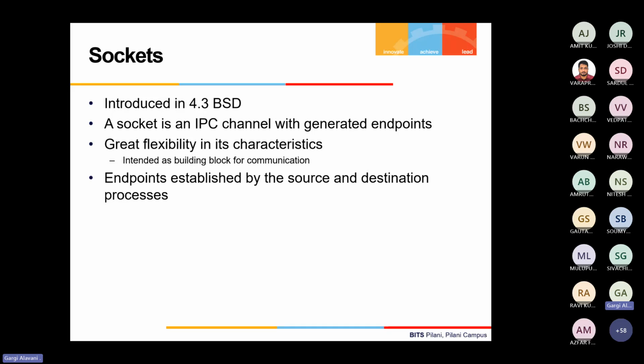They can be used for local communication between processes on the same machine, as well as for networked communication between processes on different machines using internet domains like TCP/IP and UDP. Hence sockets provide the low level building blocks for most network communications.